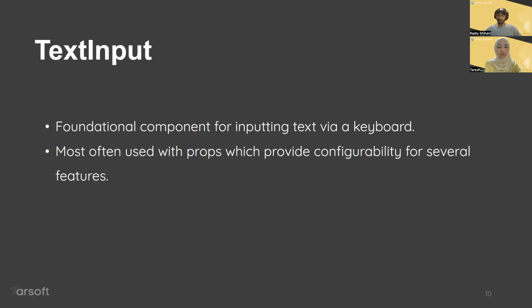We can use props, which we will cover later on, which provide configurability for several features, such as numeric keypad and different types of secure text input. The example we will continue later on, but it is foundational for creating forms.